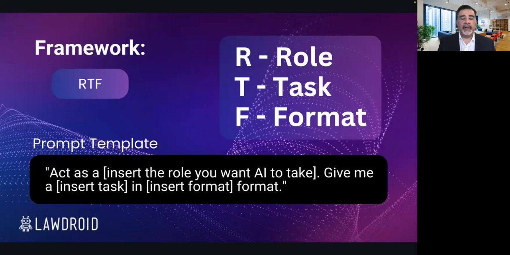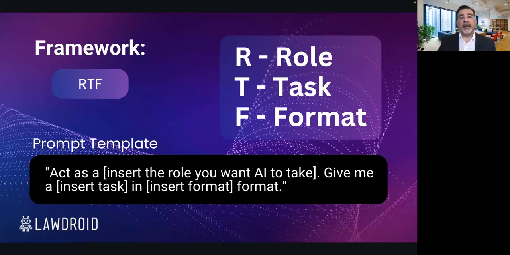So the role is usually to act as something, and you could be as particular as you want, like you were a lawyer with 30 years experience in personal injury law, but in particular toxic tort injury. That's a role.